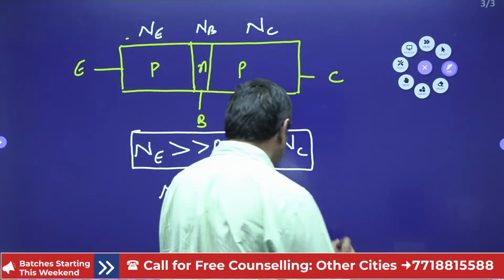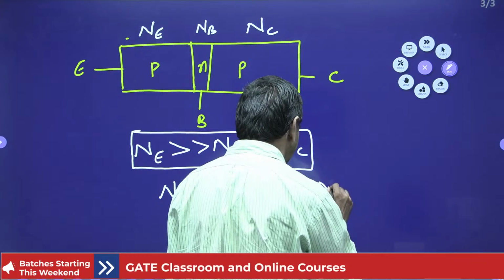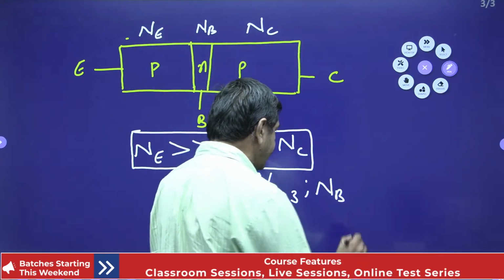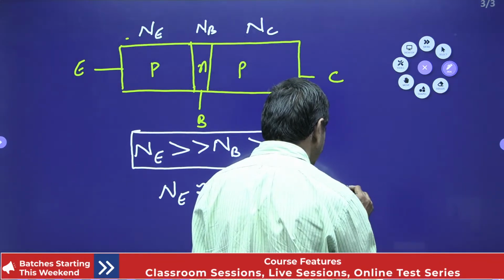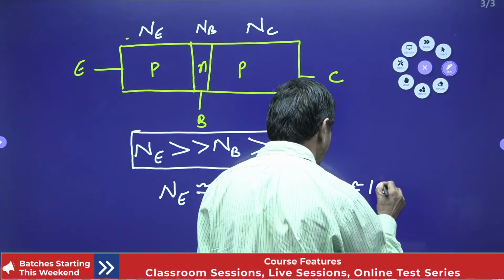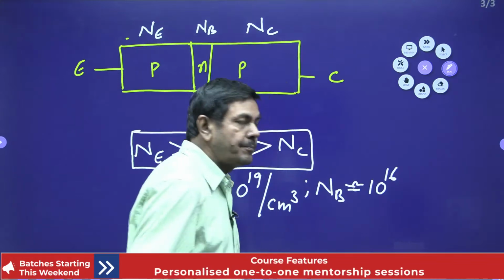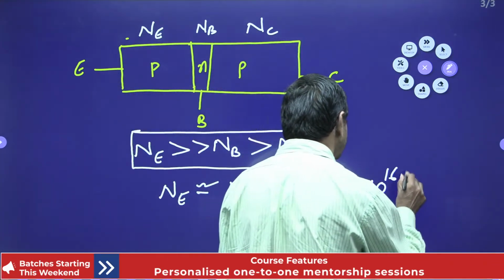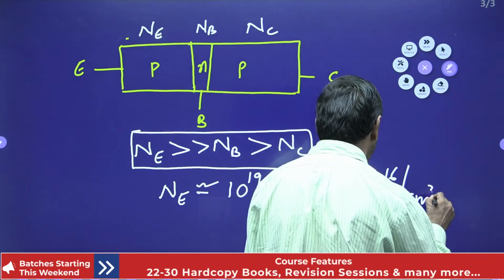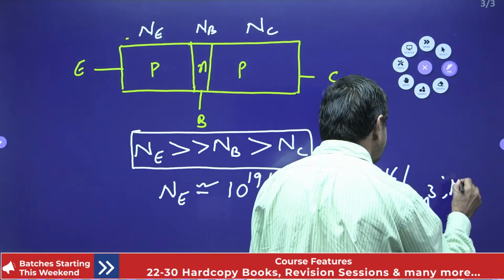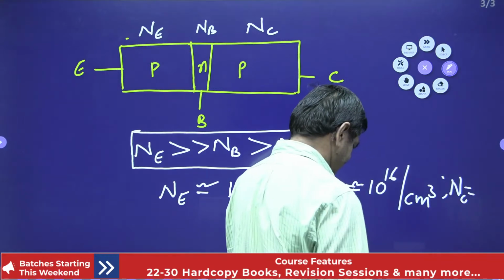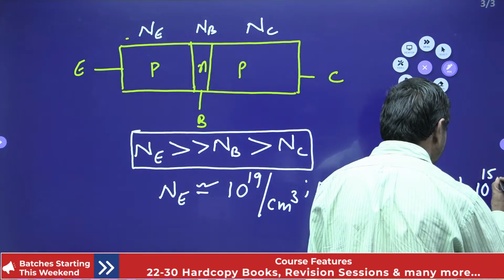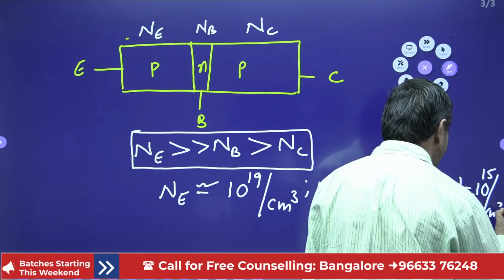The concentration at the base is approximately 10 power 16 per cm cube. They are maintaining it practically per cm cube. And the Nc value is 10 power 15 per cm cube.